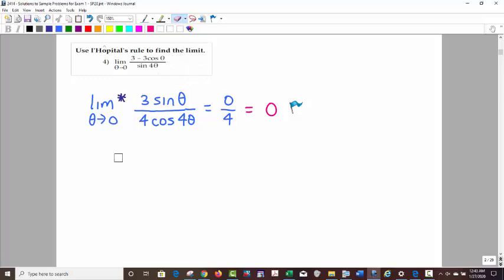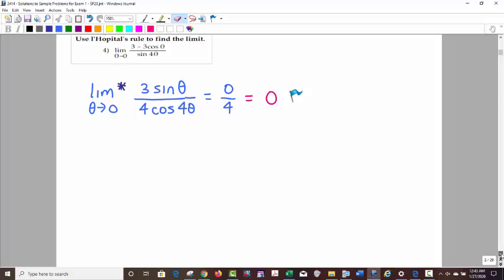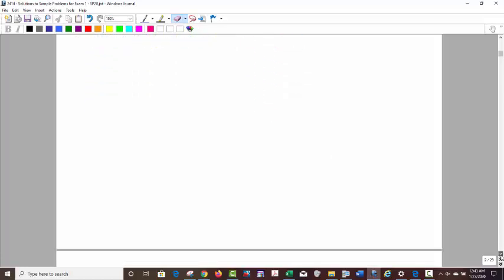So here comes L'Hopital's rule. The derivative of negative 3 cosine would be positive 3 sine of theta. And chain rule on the bottom, sine of 4 theta will be 4 cos of 4 theta. Now you insert the 0. You'll get 0 on top, 4 on bottom, and that will equal 0.